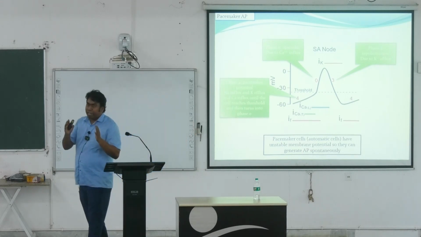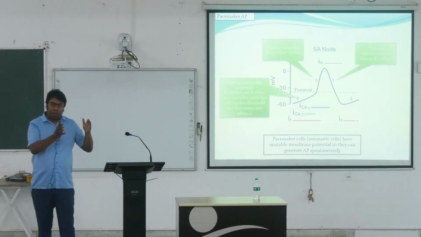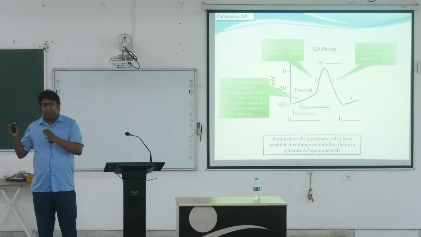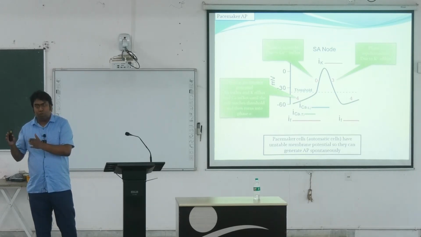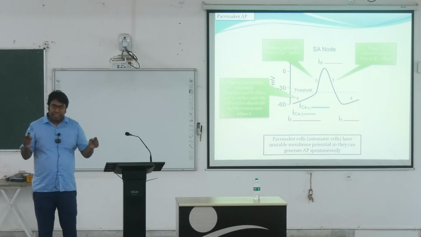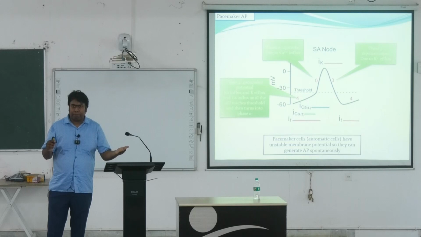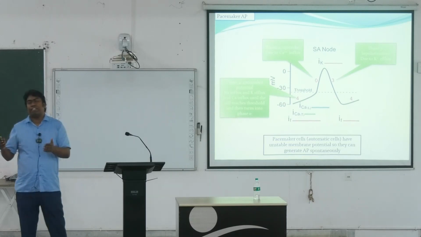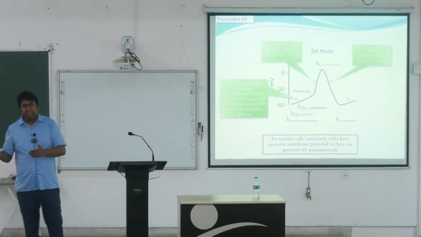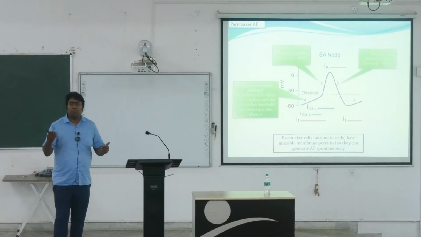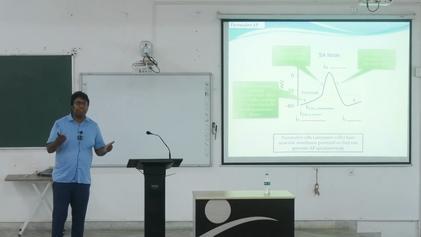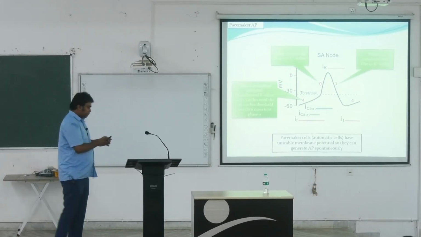What is the difference in electrophysiology of myocardium, and what is the difference between the SA node and AV node? First, phase 1 and phase 2 are not there, and phase 0 for the SA node and AV node is due to calcium influx, whereas for the atrium, ventricle and Purkinje tissue, it is due to influx of sodium.